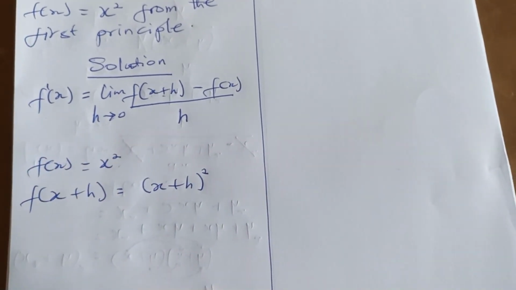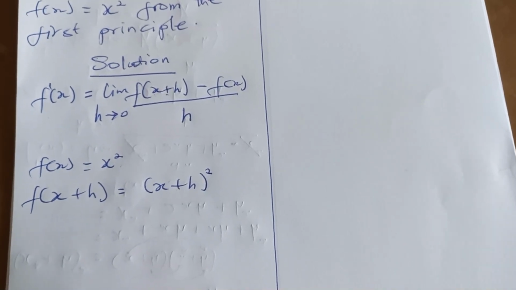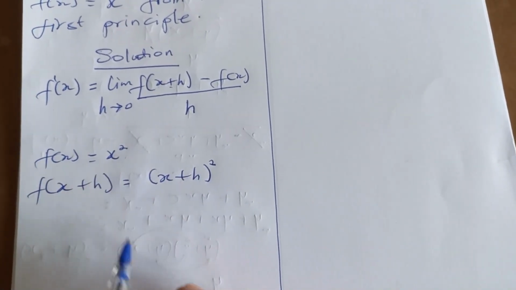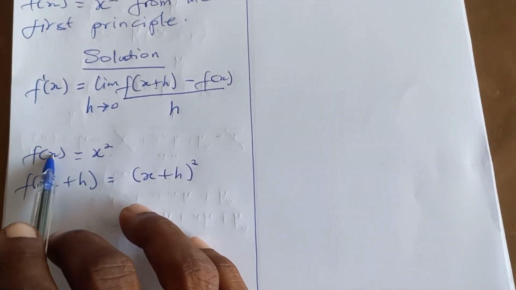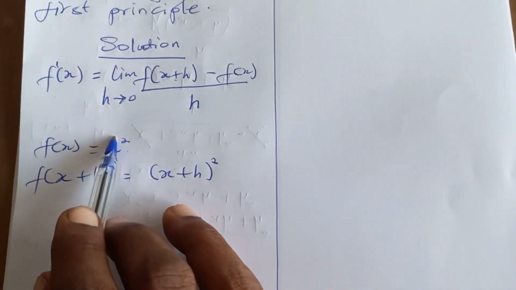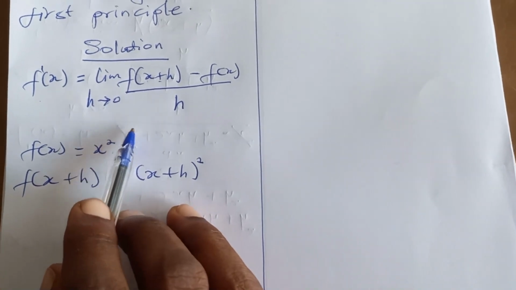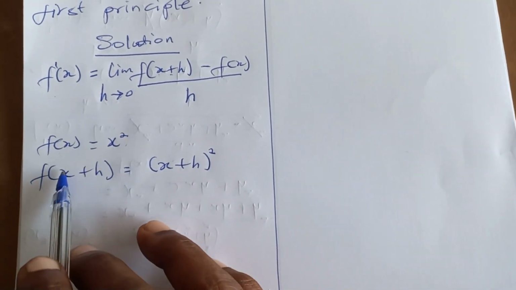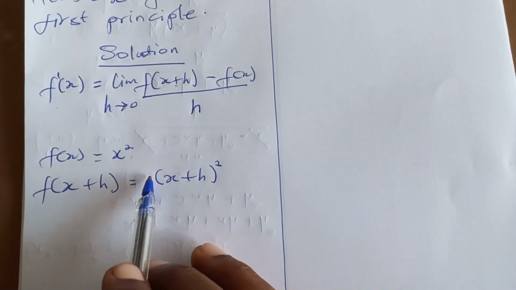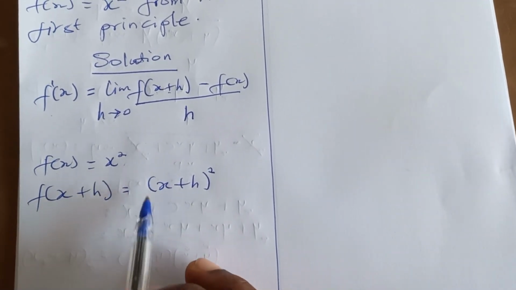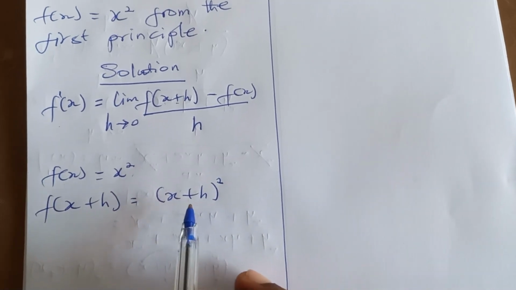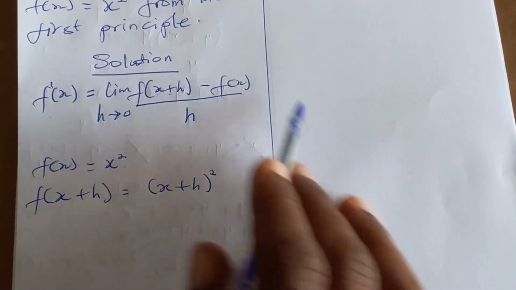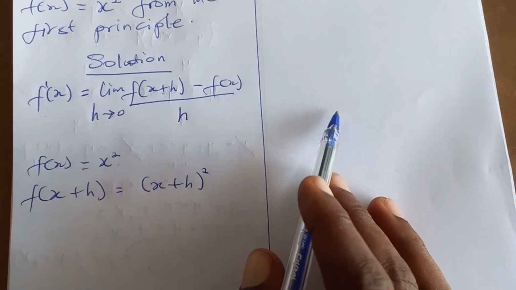You see, that's what I'm talking about. So if it were x plus 3, it means that our f of x will take x plus 3. Then our f of x plus h will take h plus x plus 3. You see? Good. So this one, we have to sub this into the equation.